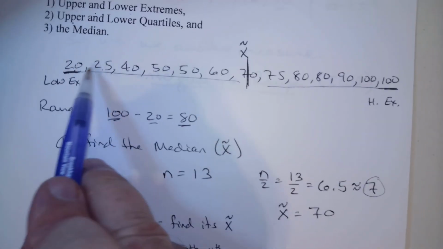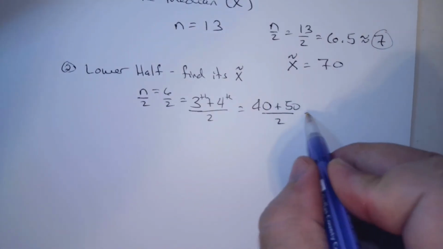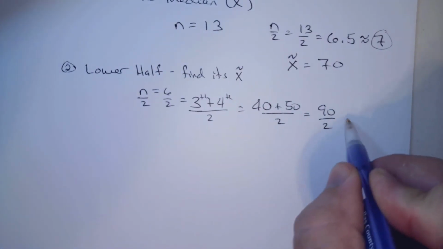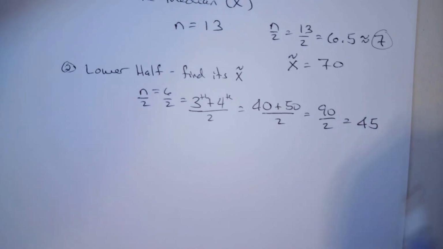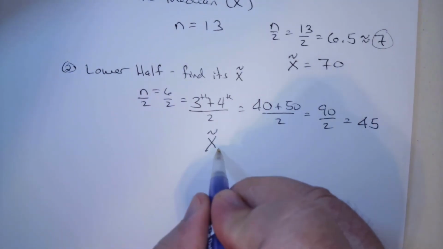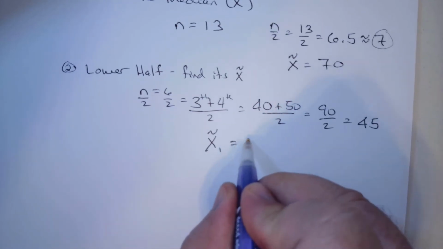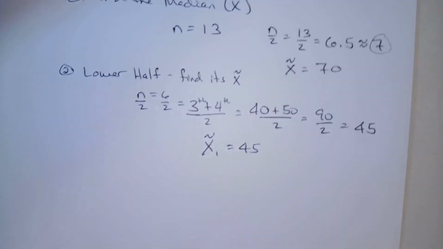So 1, 2, 3. So the 3rd is 40. The 4th number is 50. Take those two numbers, divide by 2, and we get 45. So this is the first one.